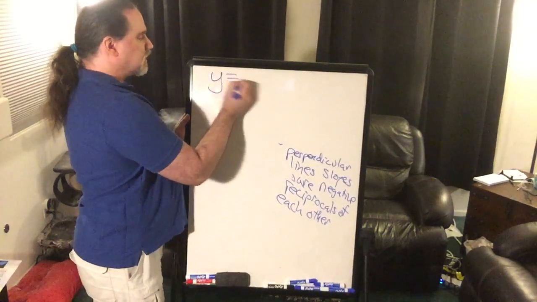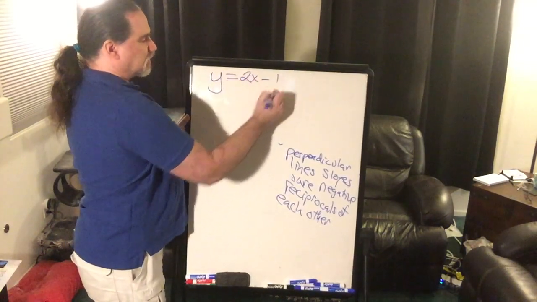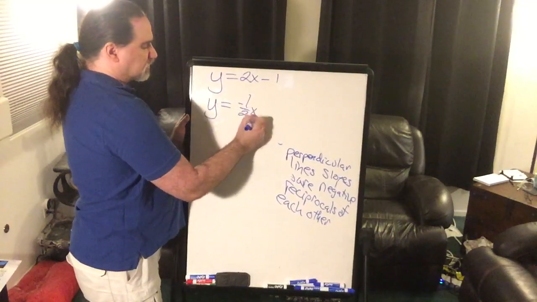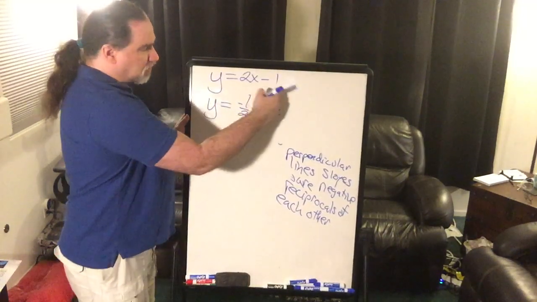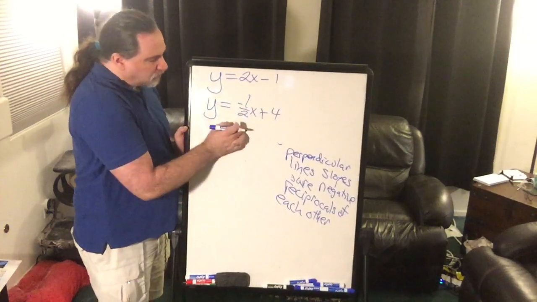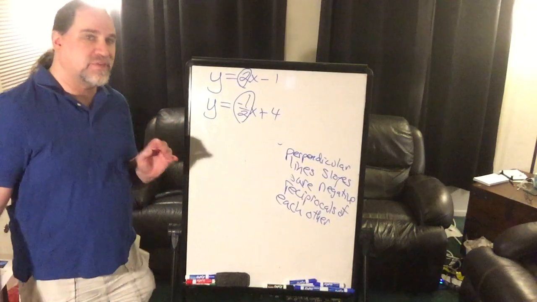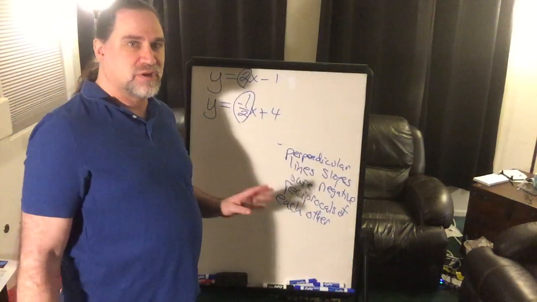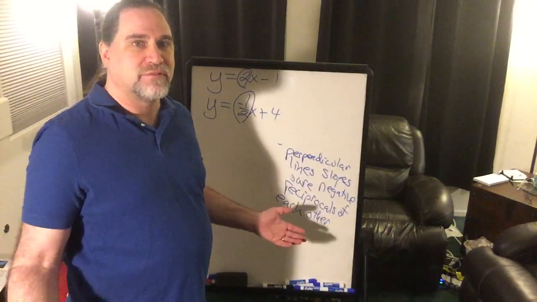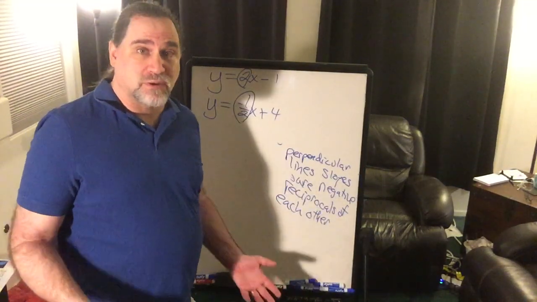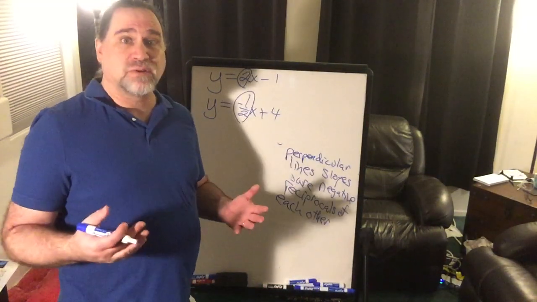So I'm going to keep that, and I'm going to give you a couple of equations that would be perpendicular. So y equals 2x minus 1, and y equals negative 1/2 x plus 4. This part doesn't matter at all. All that we care about are these numbers right here. If they are negative reciprocals of one another, then you have perpendicular lines, meaning they would meet at a right angle. They would create a 90-degree angle where they intersect.